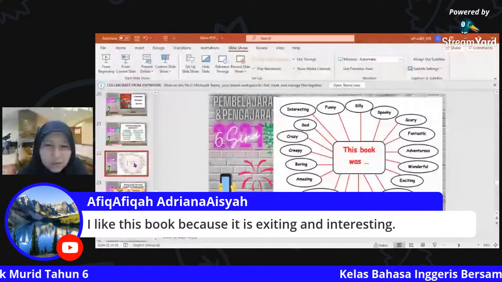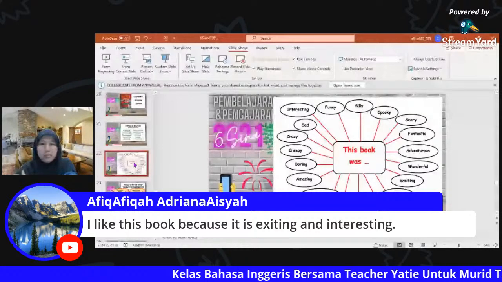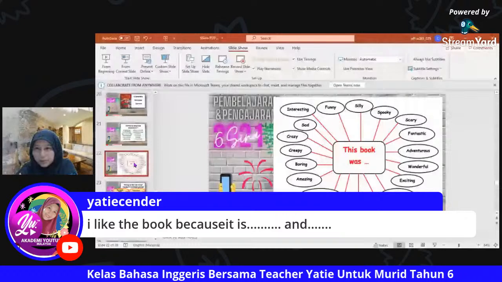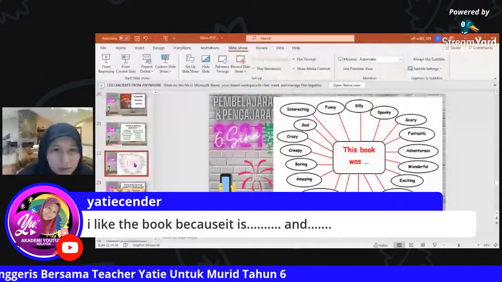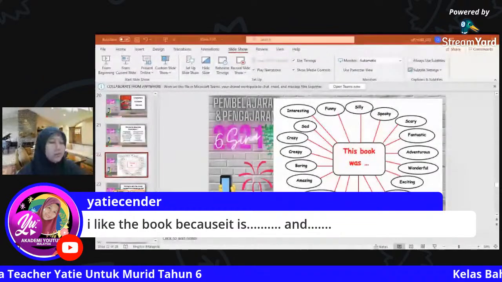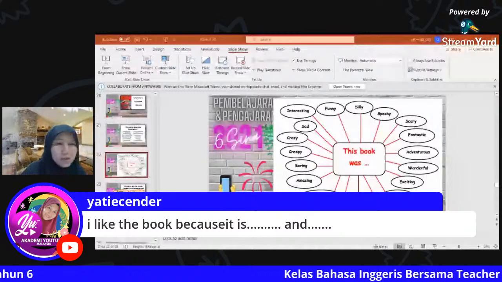I like the book because it is. Teacher made a mistake, there is no space. Okay, so now moral values or knowledge gain.